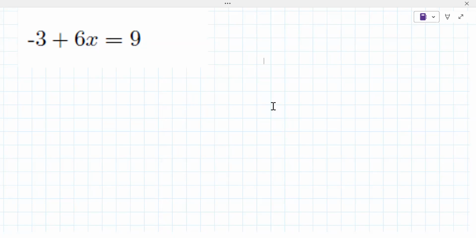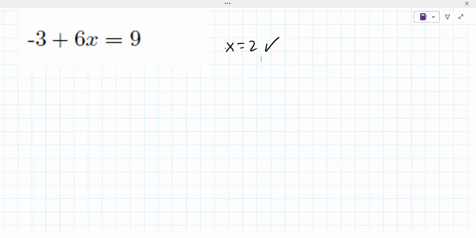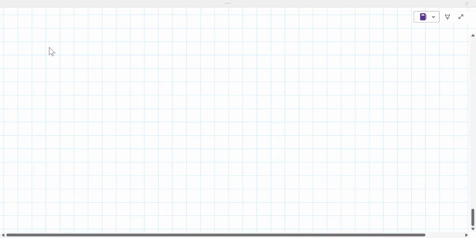I got x equals 2. x equals 2 is correct. Good. Okay, so let's look at another type of two-step problem that you'll see here. All right, so here's a new one for you to try. It's really not that different than the last, but give this one a try and let me know what you come up with.